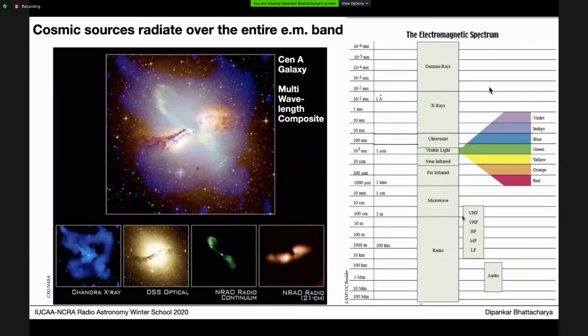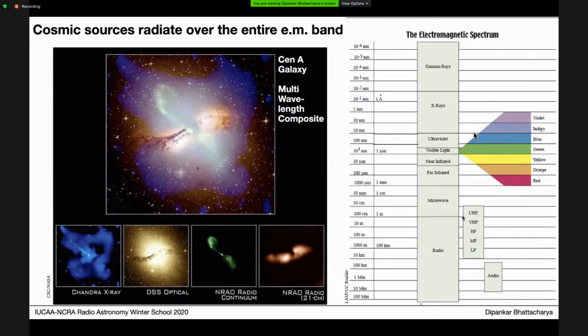But the electromagnetic spectrum extends in both directions far, far longer, starting from gamma rays at the shortest wavelengths to radio at the longest wavelengths. And what you have come to learn is that cosmic sources radiate over this entire electromagnetic band. And if we restrict ourselves to visible light, we are mostly blind to many, many different types of phenomena that go on in the universe.